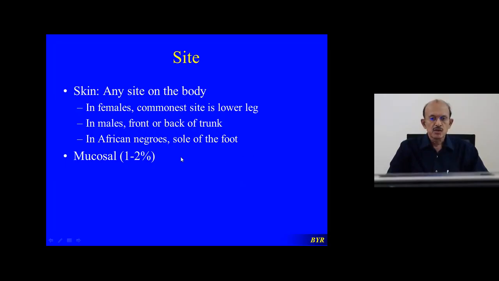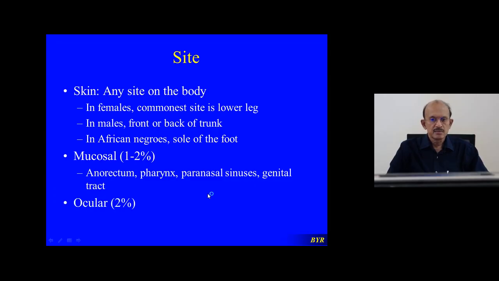Then it can also arise from the mucosal surfaces of the anorectum, the pharynx, the paranasal sinuses, genital tract. Then ocular, that is choroid plexus, and iris, because they have the melanin pigment or melanocytes.